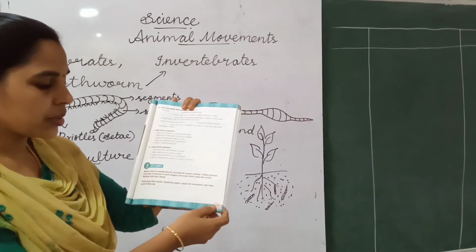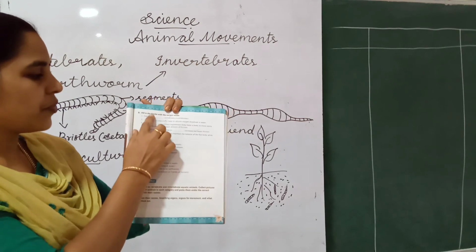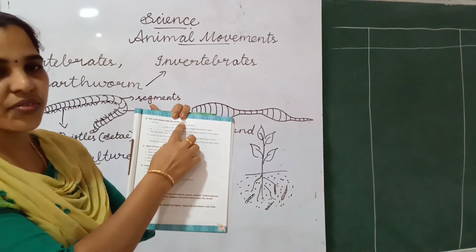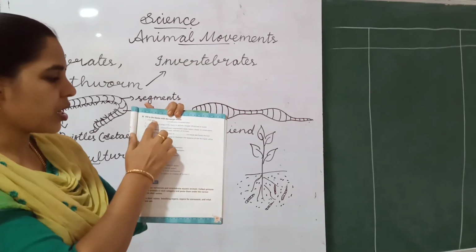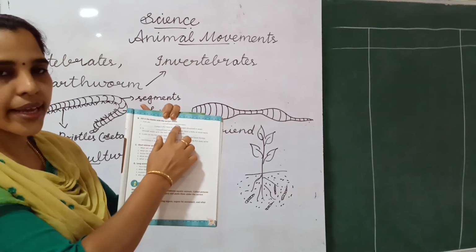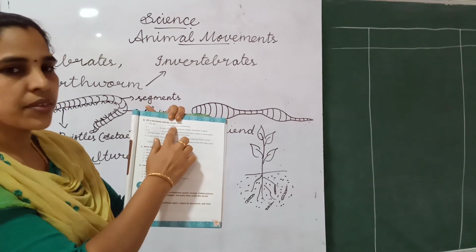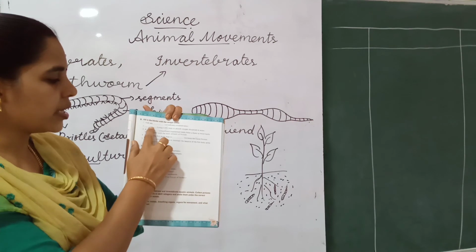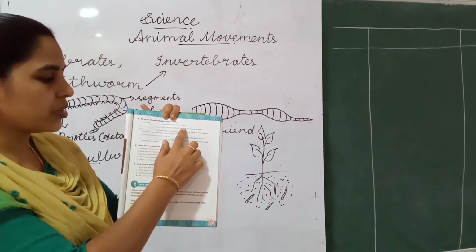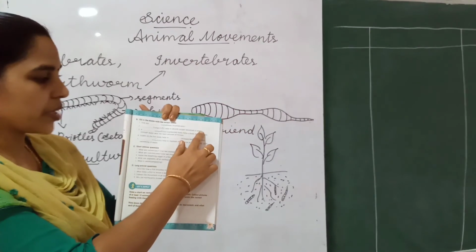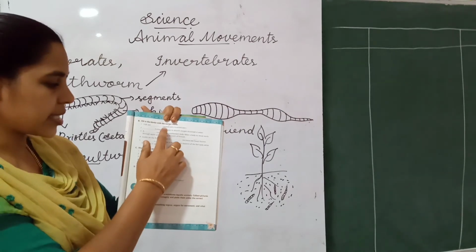Next page. Page number 57. Fill in the blanks with the correct words. Fish are dash. Vertebrates or invertebrates? Vertebrates. Second one. Dash help to absorb oxygen dissolved in water. Gills.